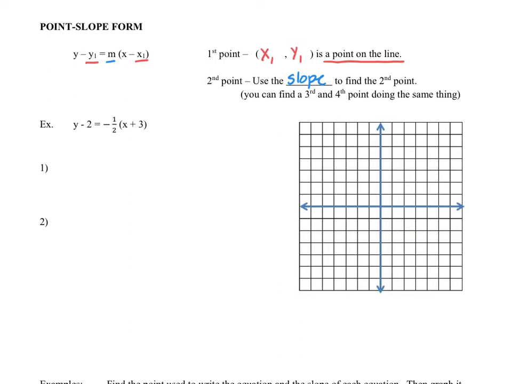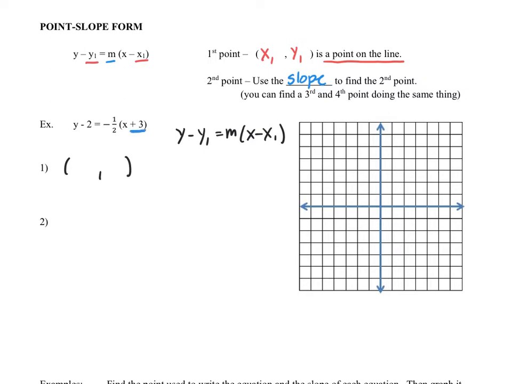So let's take a look at how this is going to work. We have to be a little bit careful with point-slope form when we're pulling out this point, okay? Because point-slope form has subtraction in it. So if I have y minus y1 equals m times x minus x1 here, I need to figure out an x value.